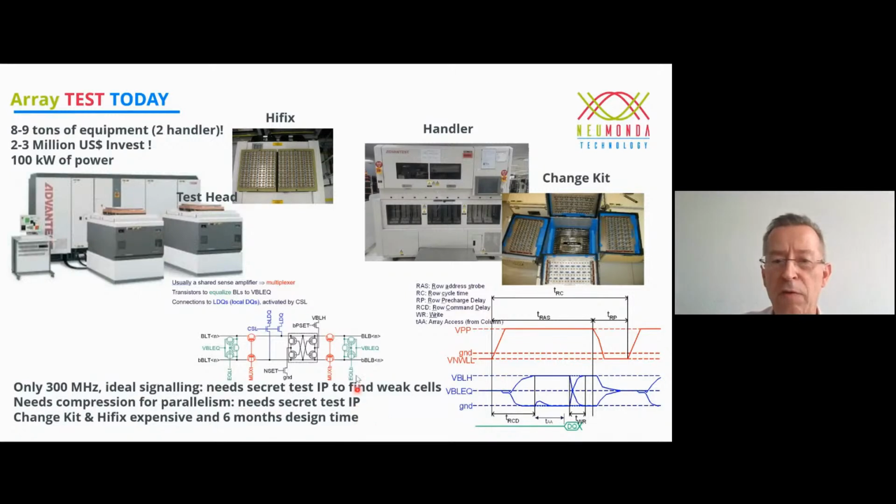They use compression so that not all IOs are active. So it's very difficult for an array tester to find a lot of weak memory cells. So also the DRAM manufacturer provides secret test modes.